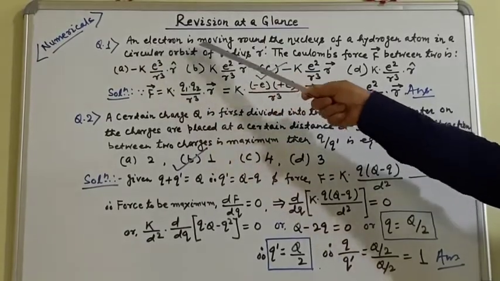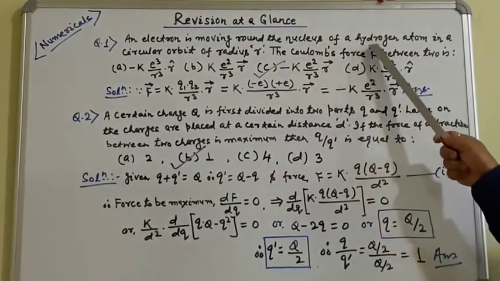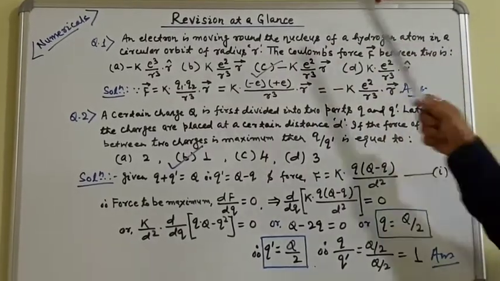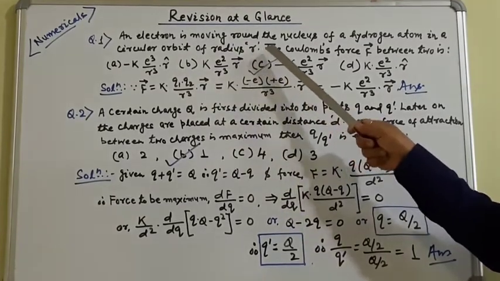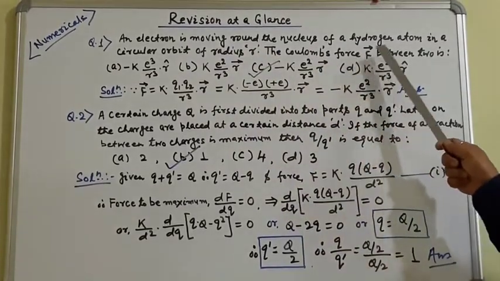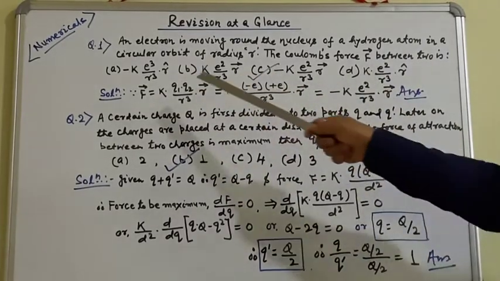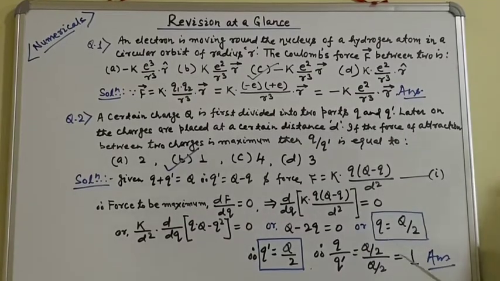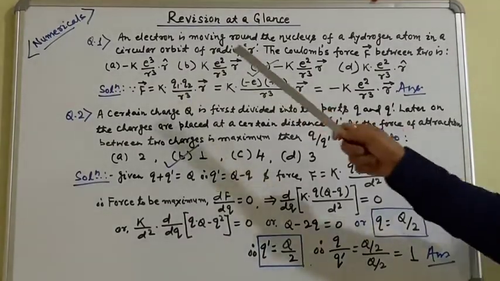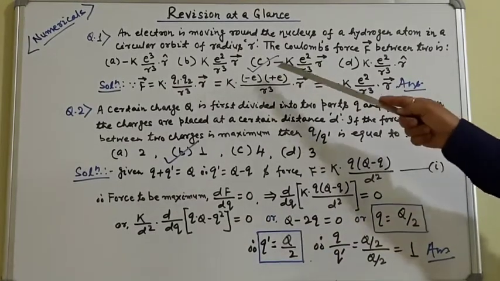An electron is moving round the nucleus of a hydrogen atom in a circular orbit of radius r. The Coulomb force F between the two is, we have 4 answers given, and out of these 4 answers we have to tick mark the correct answer. Although it is marked, tick mark in C. So the C answer is correct.